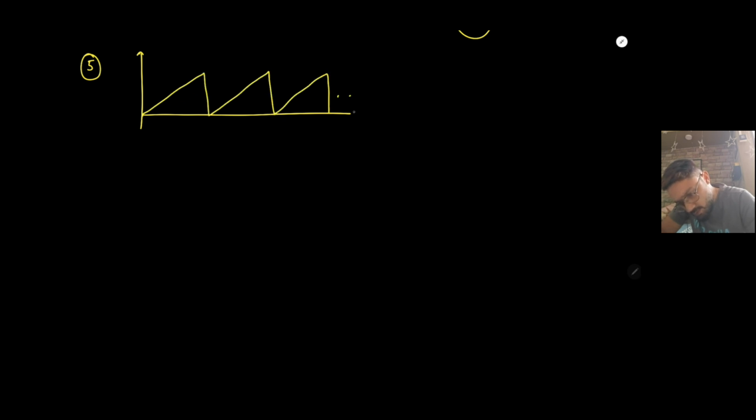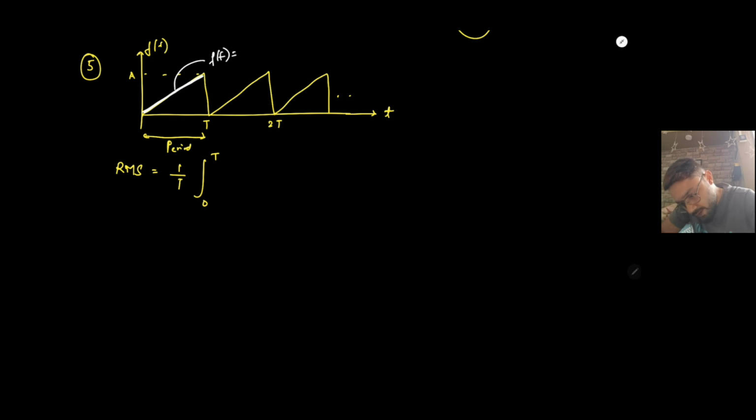So next, which case can we take? Let's take the sawtooth. The RMS value will be, this is the period, 1 by T, integral 0 to T. In the previous video we already saw that from 0 to T, f(t) was A by T into t.